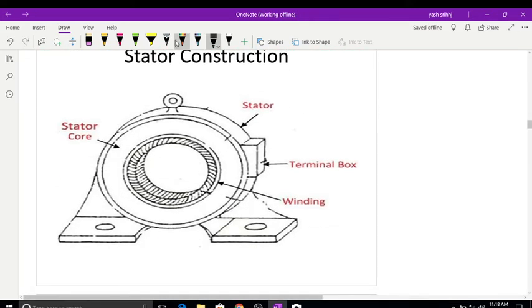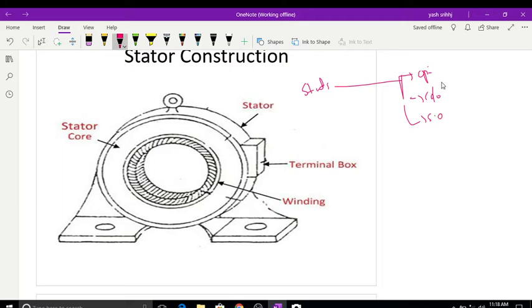If you look at the stator construction, three types of stator slots are used: open type, closed type, and semi open type. These are the slots generally.